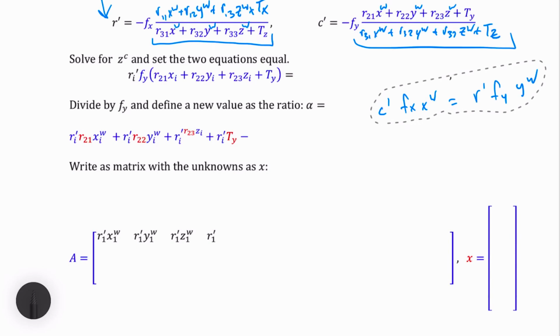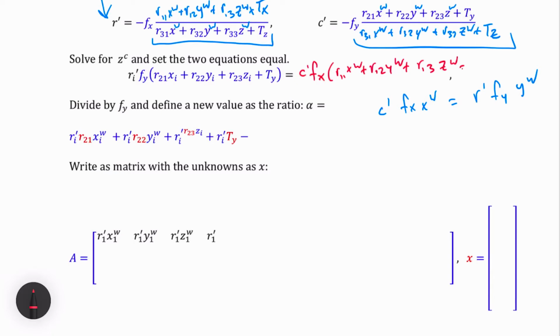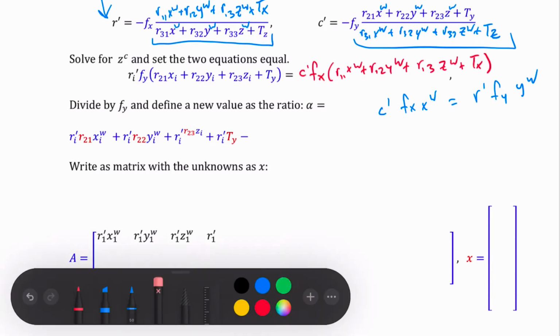And then I can just write those out here. I've got c prime times fx times my x world value is equal to r11 x world plus r12 y world plus r13 z world plus tx.